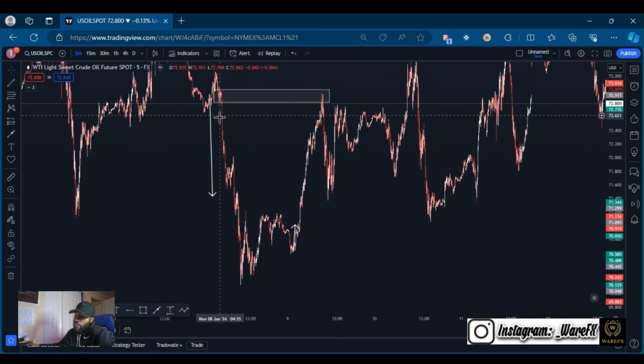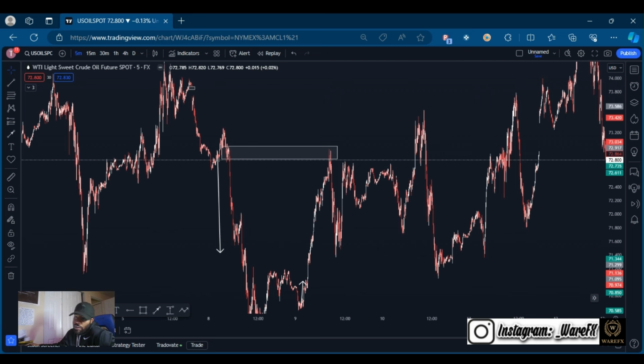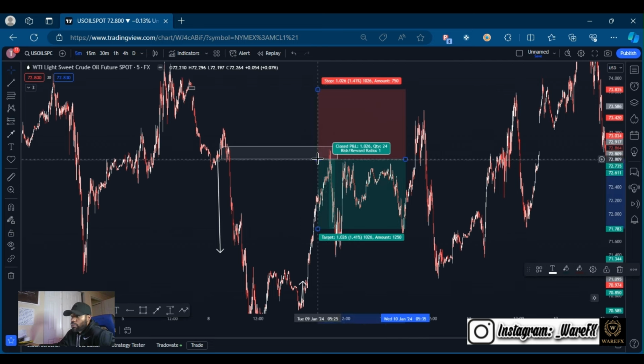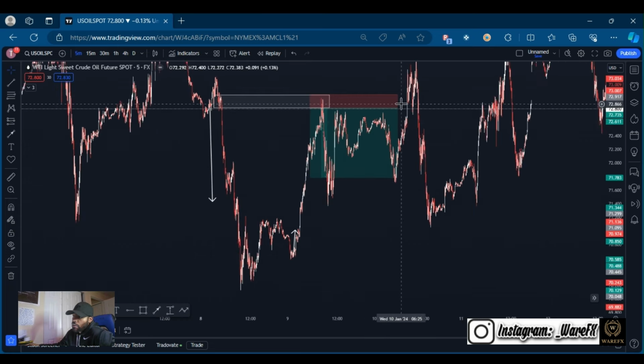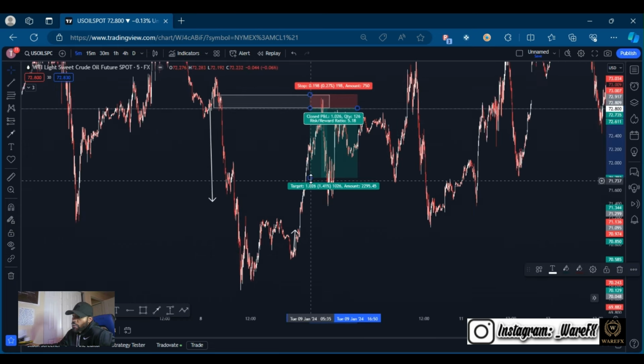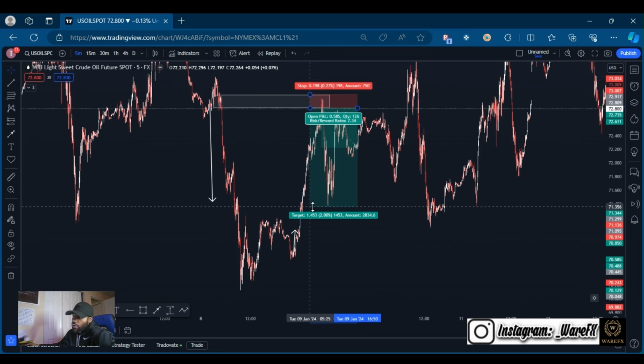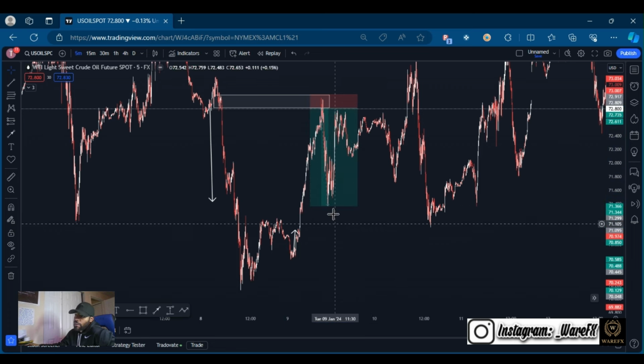We are waiting for price to come back to our zone. And then once it rejects from our zone, we're taking our sell. So we'd be looking at something like this. And with that, you're looking at about a 1 to 7.3, right?